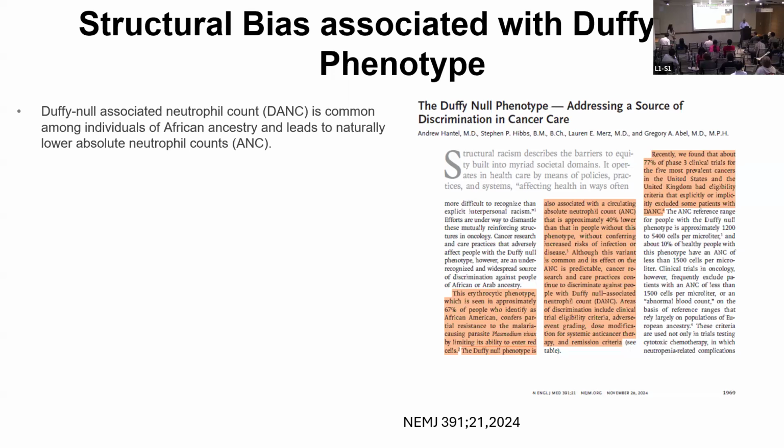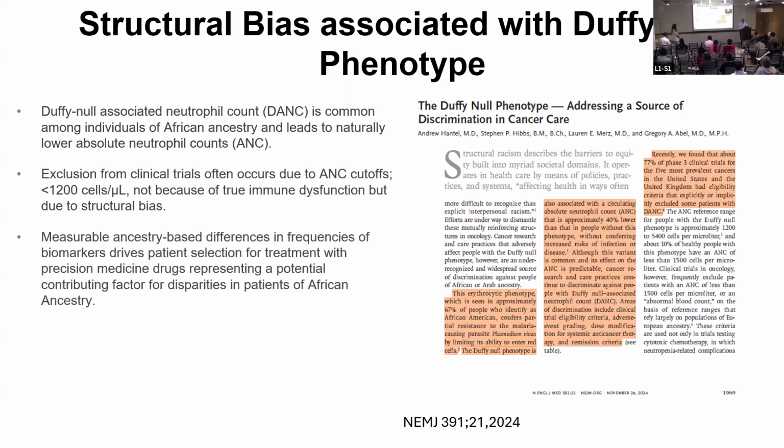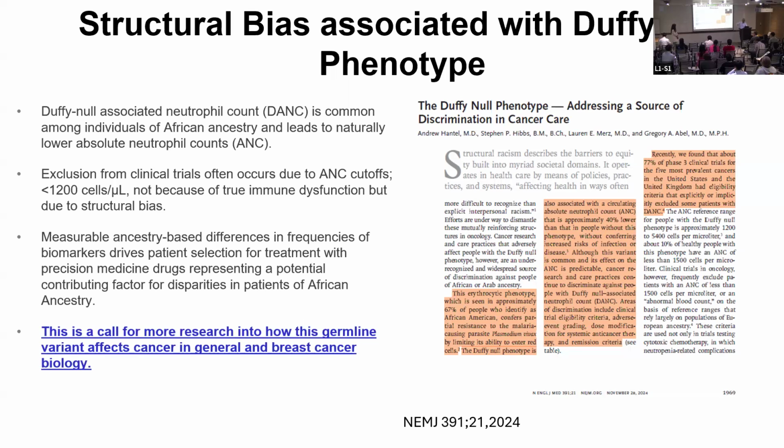But what has been emphasized in this article is that these individuals naturally have lower neutrophil counts. If you have a lower neutrophil count, you are automatically excluded from clinical trials, and the chemotherapy doses given to them are also lower. So that really affects a section of the population getting cancer treatments, right? That's why there is a call for more research into how this germline variant, this is one of the examples, there are many other examples, affects cancer in general, and in this case, breast cancer biology.